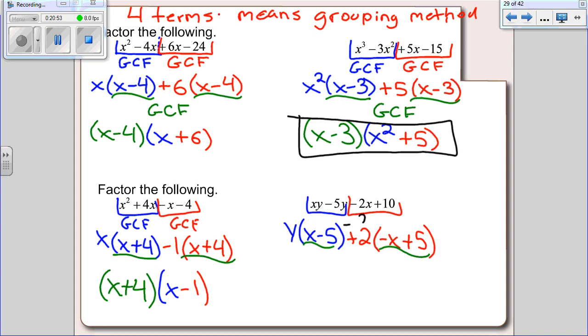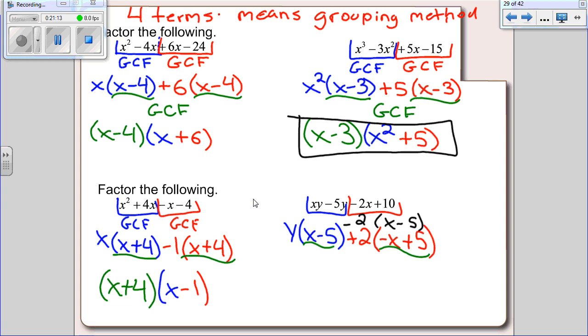That changes the symbols. So you're going to have to use a little bit of mathematical intuition to know that I actually needed to factor a negative 2 instead of a positive 2, so that you get the right thing in the brackets. Anybody have any questions on that?